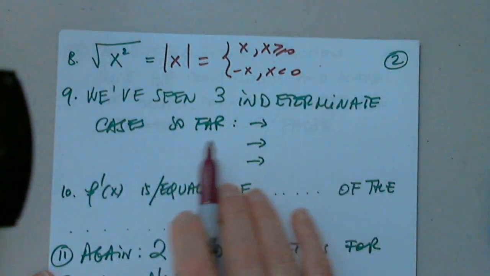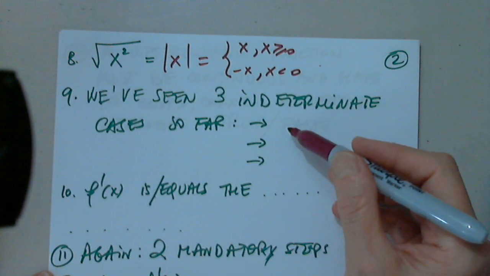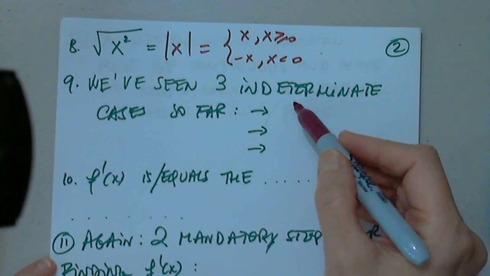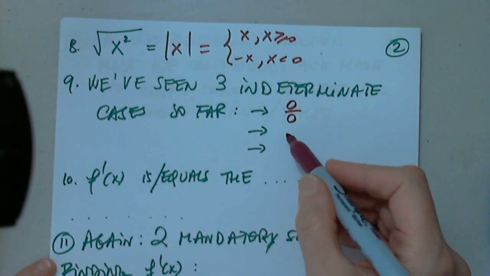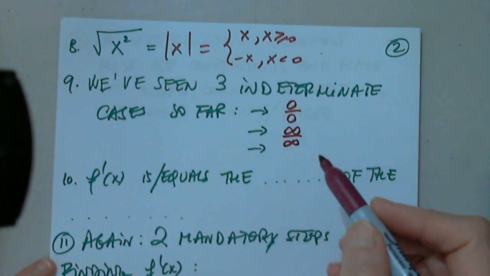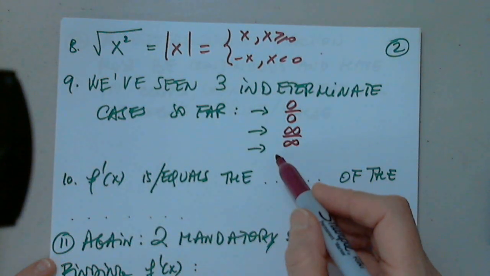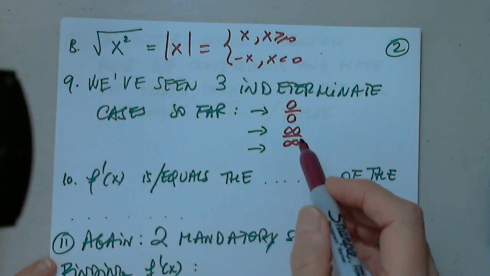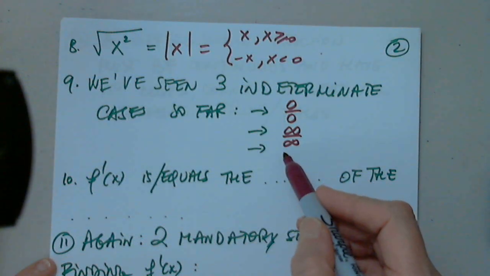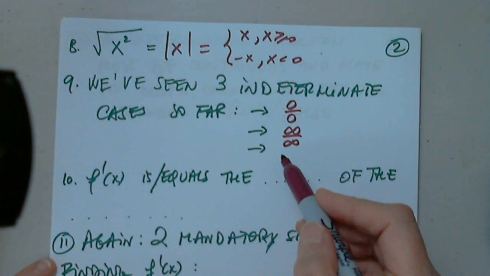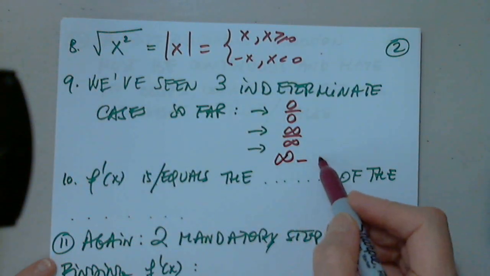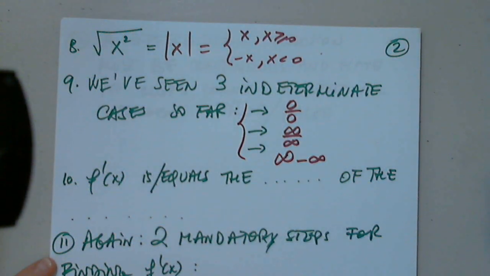We've seen 3 indeterminate cases so far: 0 over 0, infinity over infinity, negative infinity over negative infinity (the sign is not important), and infinity minus infinity. These are the 3 that we looked at so far.